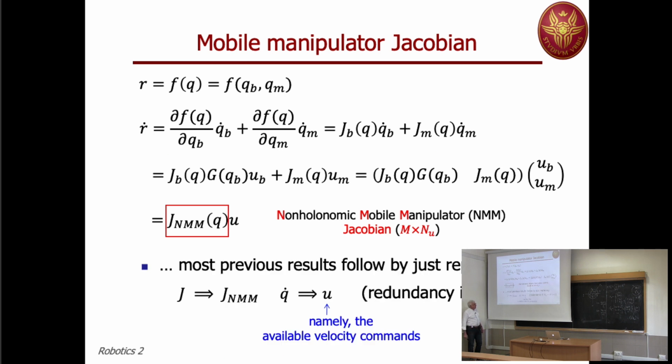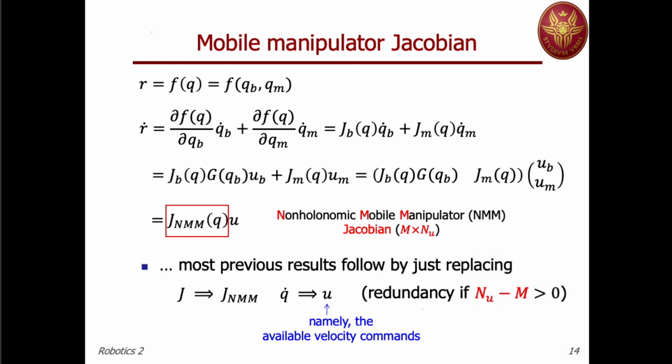So with this in hand, all what we have seen, I said most, but probably all of these previous results, so how to deal with possibly redundancy, can be tackled by replacing wherever you find the J with the non-holonomic mobile manipulator Jacobian. Okay? And wherever you find q dot, which were our original commands, suppose that we can command each velocity, in fact, is replaced by the actual velocity commands.